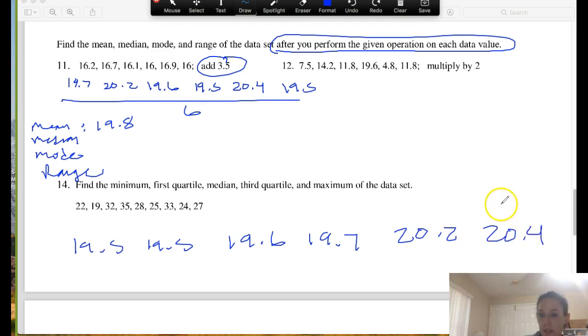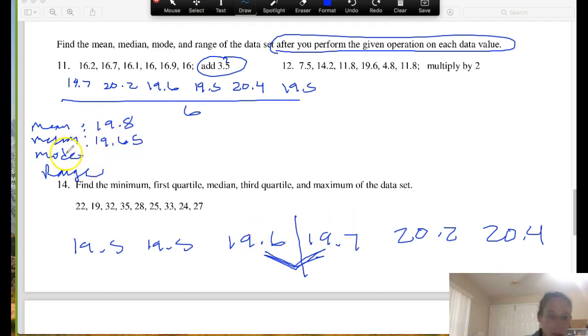Just check you have 6 data points, 1, 2, 3, 4, 5, 6. The median is the middle number, so halfway would be right here. There's not a middle number, so I have to find the average of these two. I have to add together and divide by 2. When I do that, I'm going to get 19.65. Between 6 and 7 is 6.5.